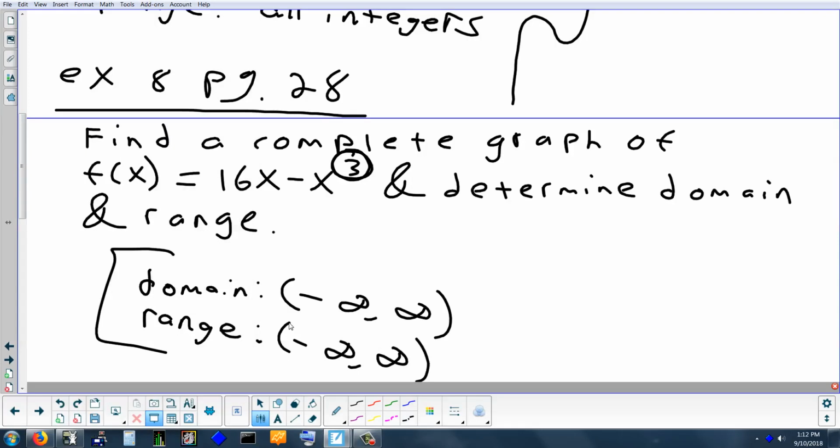Well, with even polynomials, they either go up forever, if it's a U shape, or if you flip it over, it becomes more like an N shape, and then it would go down forever. Okay? So the range can change a little bit depending on if it's an even or an odd exponent in a polynomial, but the domain cannot. It will always be negative infinity to infinity.